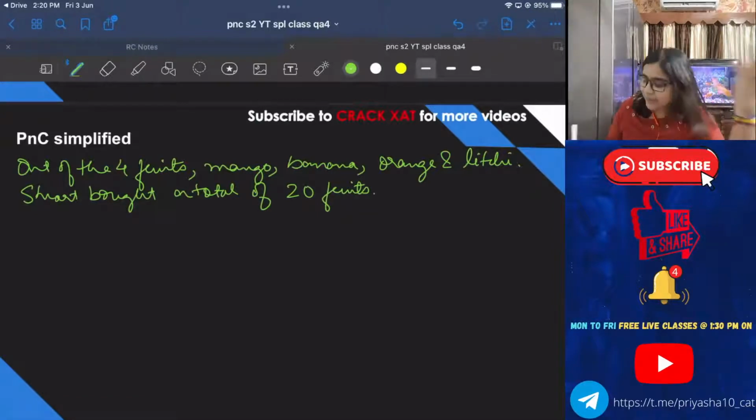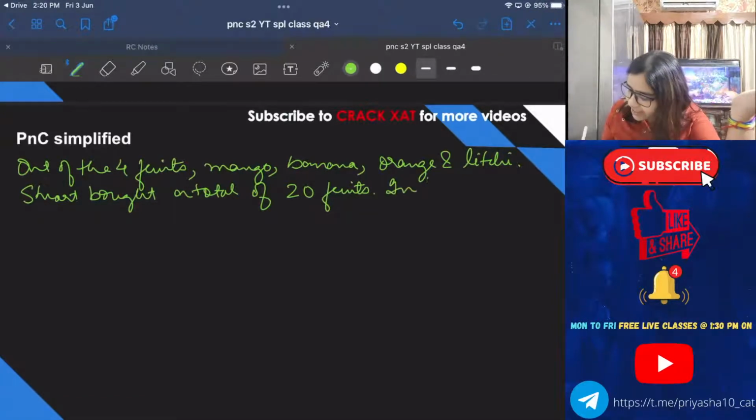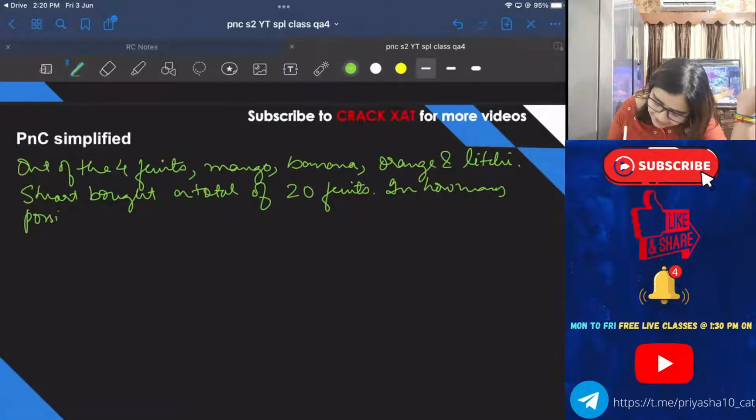In how many possible ways can he buy the fruits?